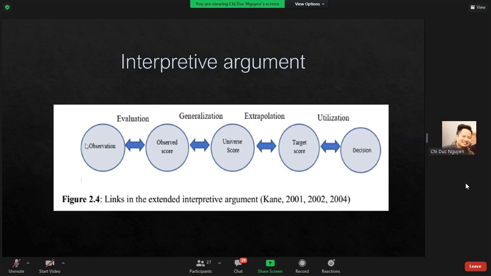You go from the test score, from the test performance, to the decision, but there's something missing here. We go from the observation to the decision, but there is something missing. Can you tell me what is missing, sorry?